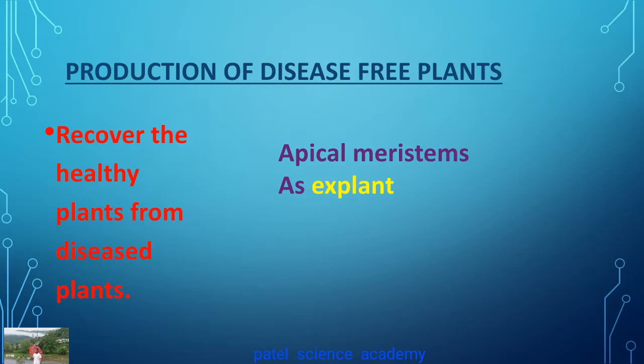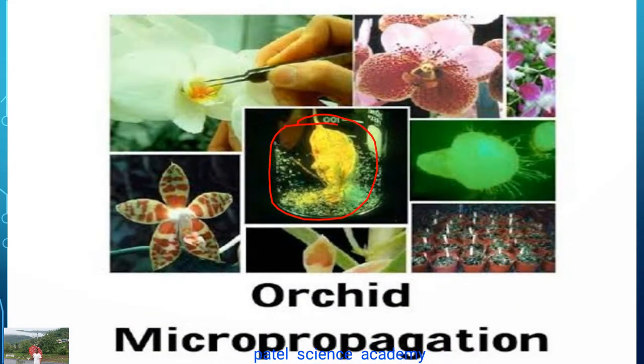So dear students, the micropropagation includes different advantages. It helps in the rapid multiplication of plants. A large number of plantlets are obtained within a short period and from a small space. Plants are obtained throughout the year under controlled conditions, independent of seasons, because of this micropropagation.